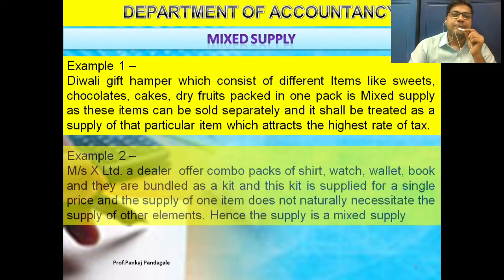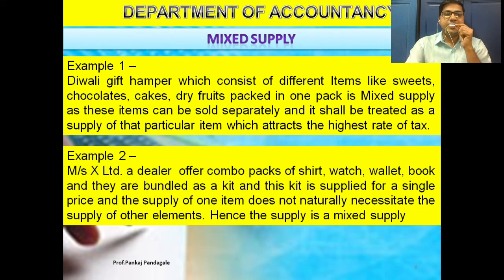One more example: Messrs X Limited is a dealer that offers a combo pack of shirt, watch, wallet and book, bundled as a kit, and this kit is supplied for a single price, and the supply of one item does not naturally necessitate the supply of another item.